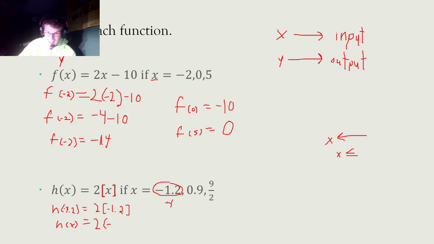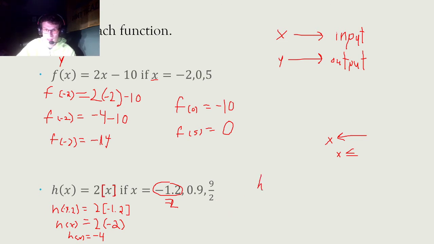Actually it does not, because remember, -1 is actually higher than -1.2. So we round down. Rounding down would actually give us -2 for our greatest integer function, because it's less than or equal to x, -1.2. So this would actually be -4, okay? So -4.